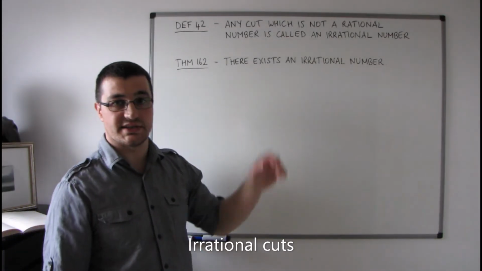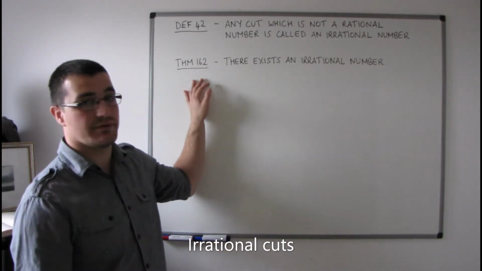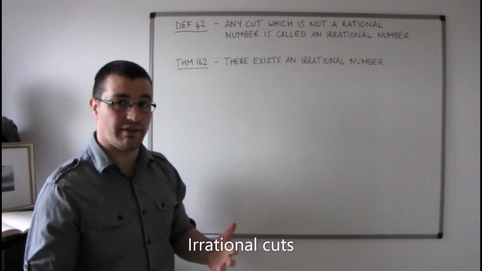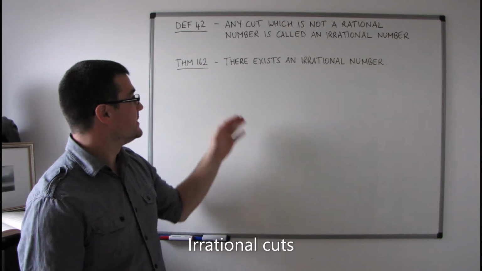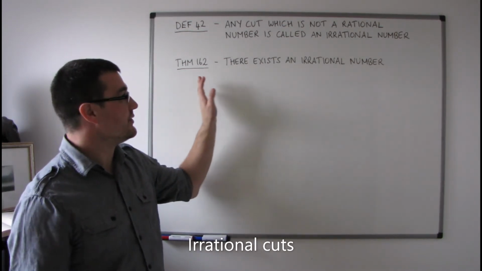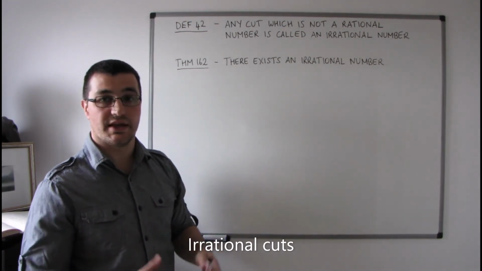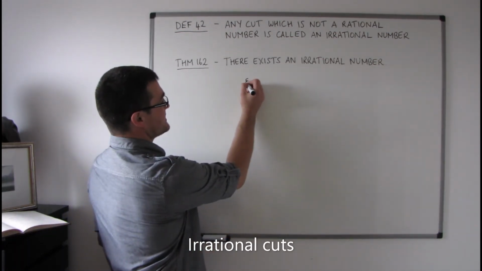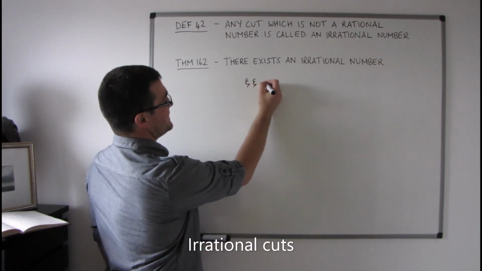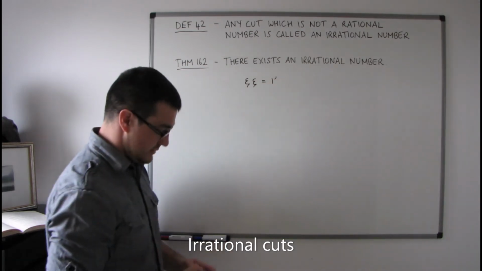That's where Theorem 162 comes in. I'm not going to go through the proof of Theorem 162. Actually, it's not that long. It's just I think that the video's gone on for long enough already. But the way that this is shown is to effectively solve the equation xi times xi equals 1 primed.